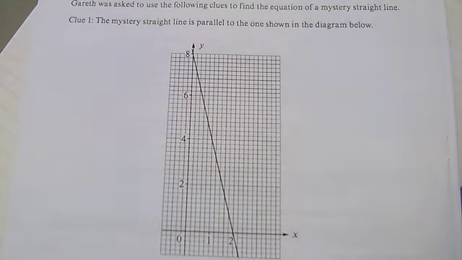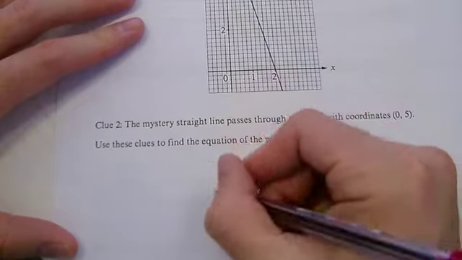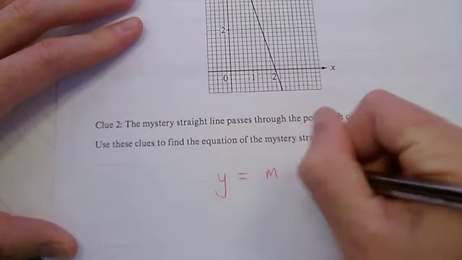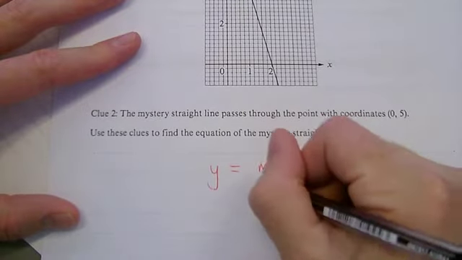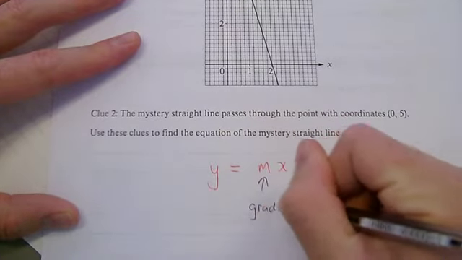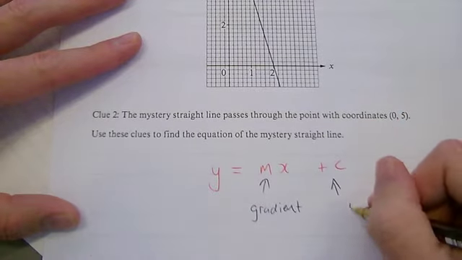So I can go and work out the gradient of that line. It's not too hard to do that. And it says the mystery straight line passes through the coordinates 0, 5. So basically we want to get something in the form y equals mx plus c, where m is the gradient and c is the y-intercept.